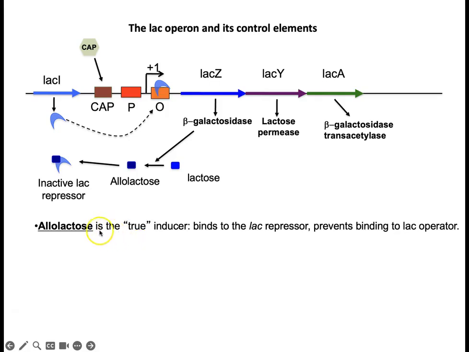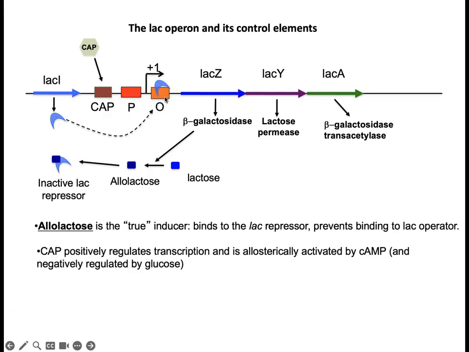So here are some notes. This allolactose is the true inducer of this system in that it's the molecule that binds to the lac repressor and prevents binding of the lac repressor to this lac operator DNA sequence.